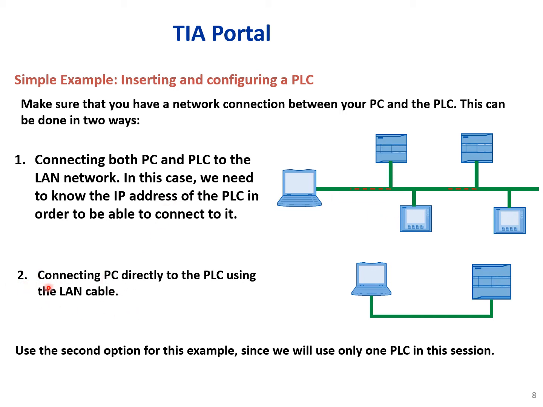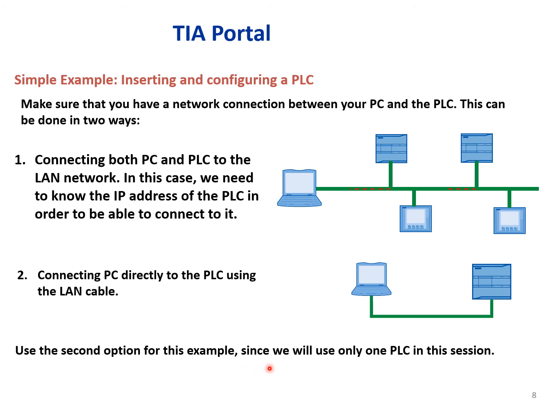The second way is connecting PC directly to the PLC using the LAN cable. Okay, let's say when you have only one PLC. In case you want to connect one PLC, and it was the case in the lab, it was the simplest example, an introduction to PLCs, then you need to use the second option.